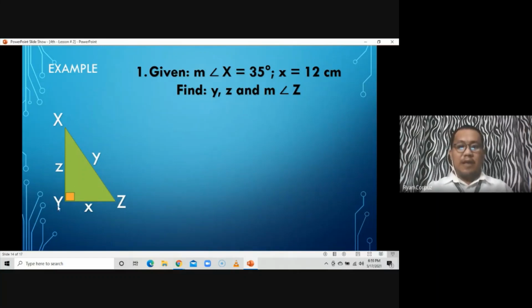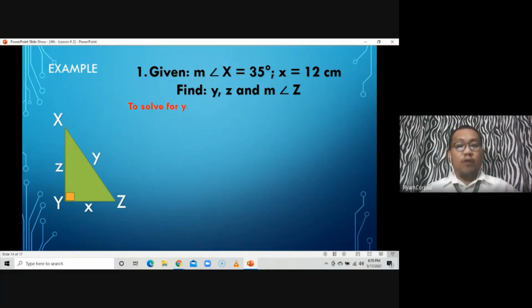Hindi na natin sinama yung Y because since right triangle nga yan, of course, we already know the measure of that angle Y. So, let's start solving for the unknown or the things that we are looking for in the problem. Let's start first solving for y. Dito na natin gagamitin yung trigonometric ratio.